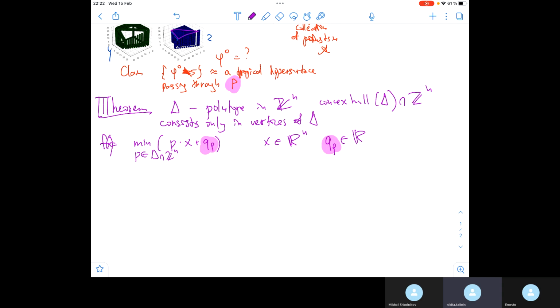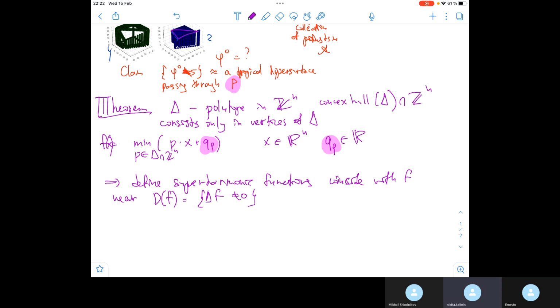And then again you define some smoothing procedure, like Misha explained, that you define superharmonic functions which coincide with f near the deviation locus of f, where the Laplacian of f is not 0, in a finite neighborhood.